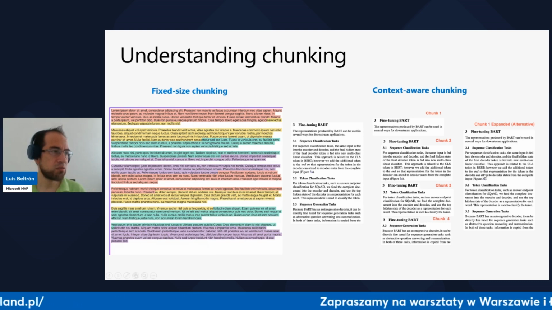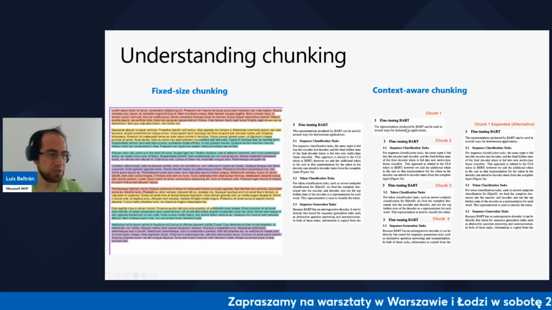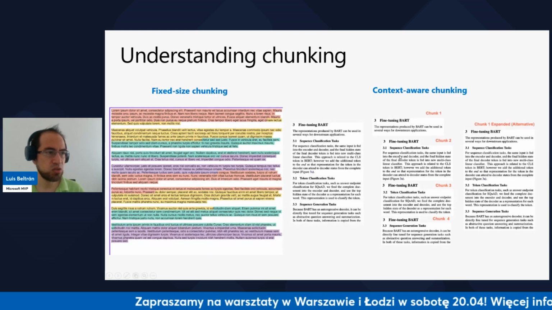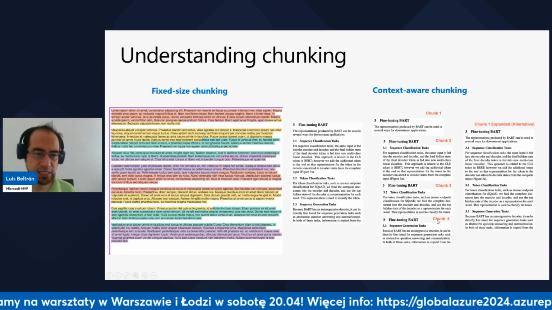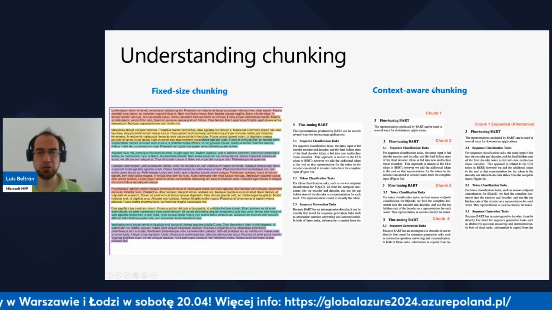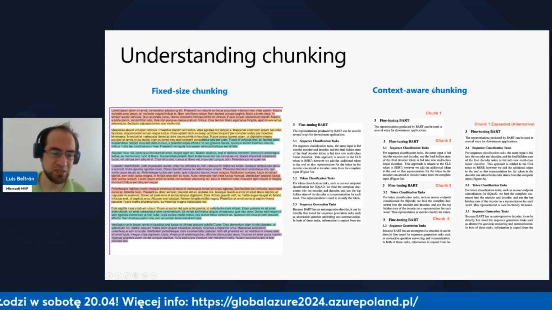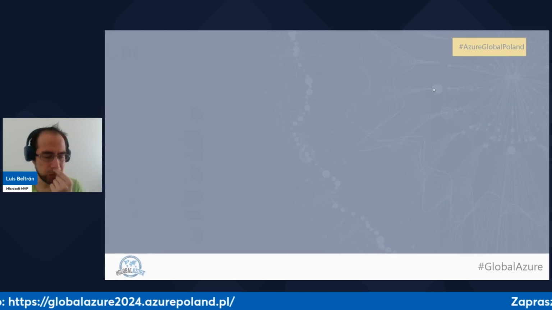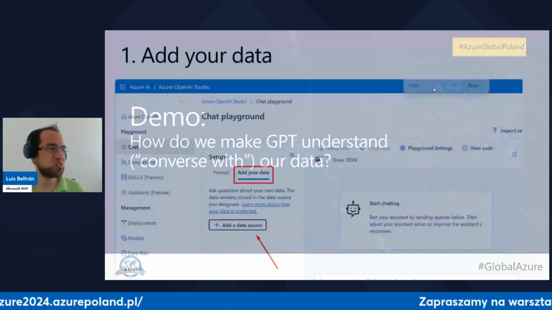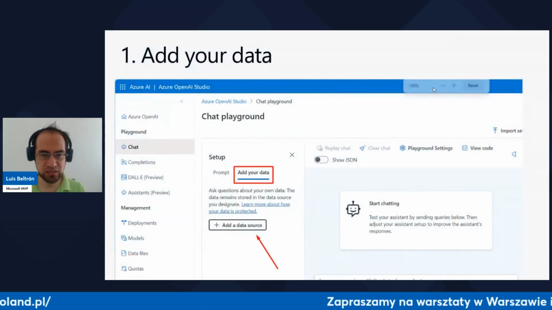The other one could be that the GPT model will know, okay, I will group several paragraphs because they are talking about the same thing. So that's context aware. Anyways, enough talk. How do we do this? For that, we are going to work with the Azure portal. Let's do that.